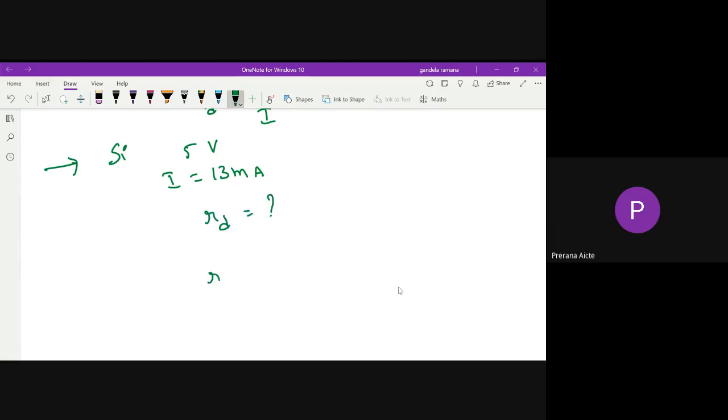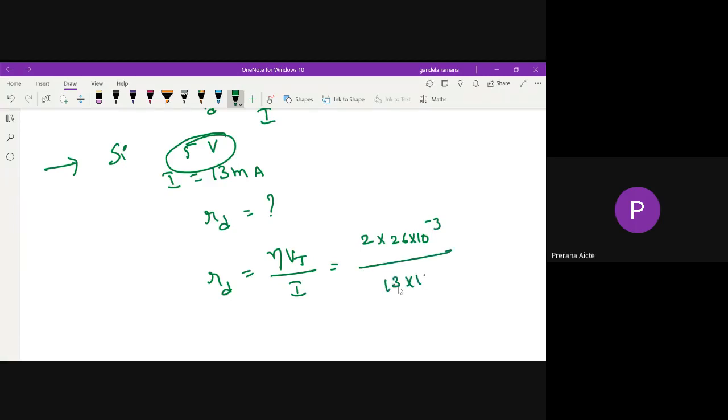What is the formula for Rd? Rd is equal to eta Vt by I. Don't take this 5 volts. Vt we know very well is 26 millivolts, so 26 millivolts by 13 into 10 power minus 3. 13 ones are 13, 13 twos are 26. So this is 2 ohms. Rd value is 2 ohms.